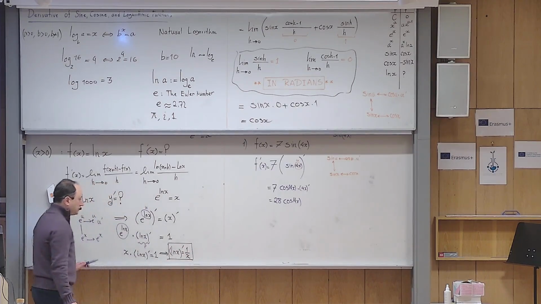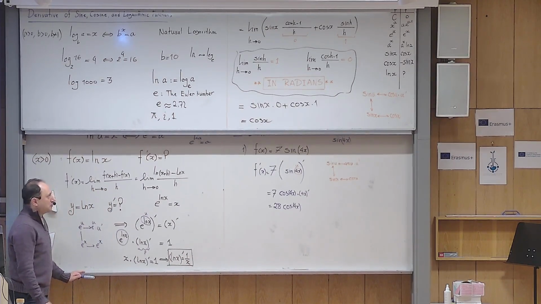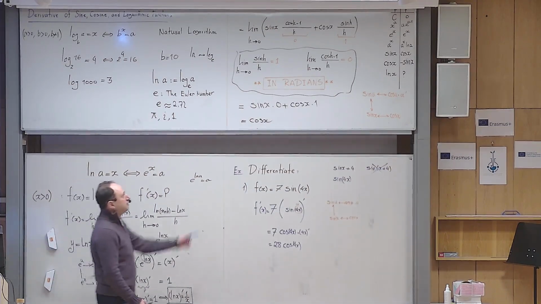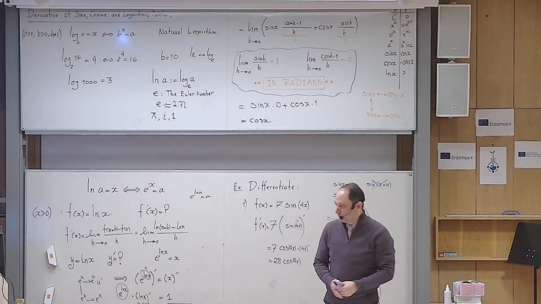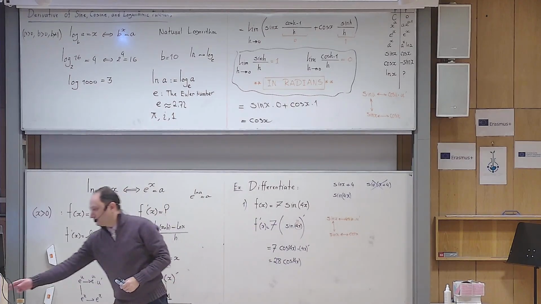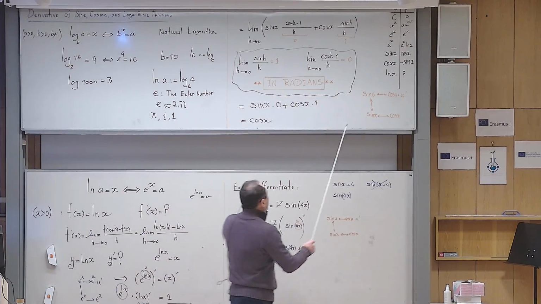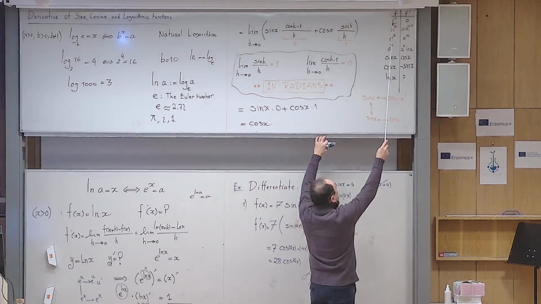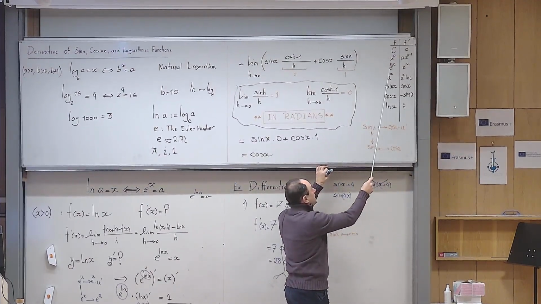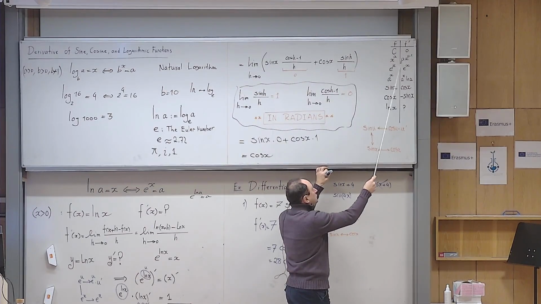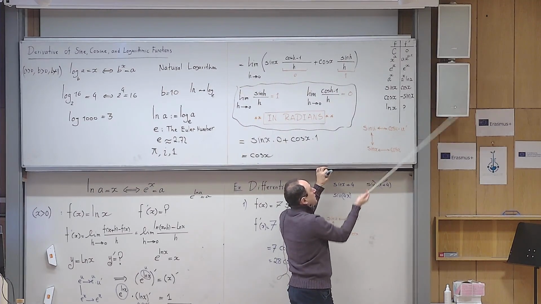And maybe you don't even expect this, because the derivative of every function so far is of the same type. What do I mean by that? For example, here I have a constant function, its derivative is 0. 0 is still a constant. Here I have a power function, the derivative is a multiple of another power function.